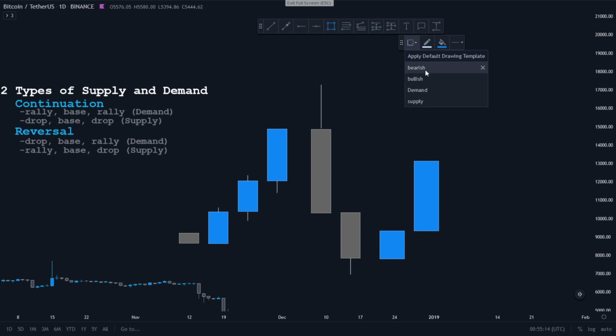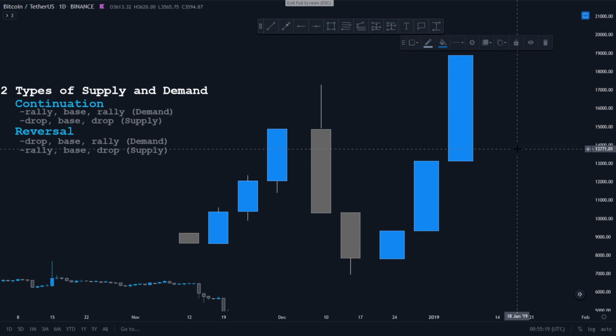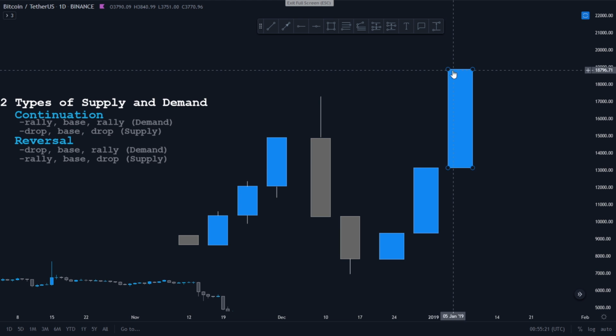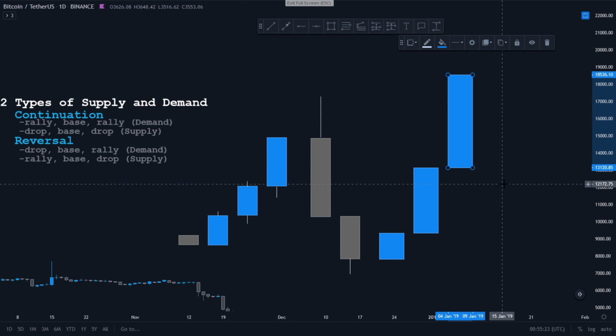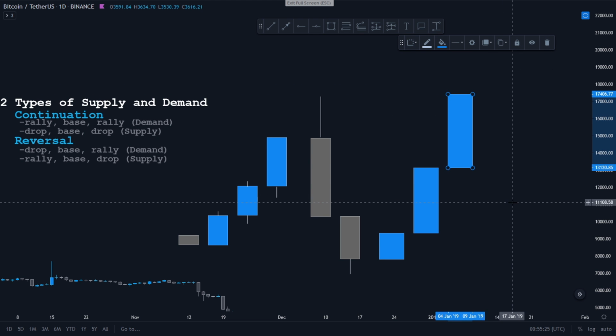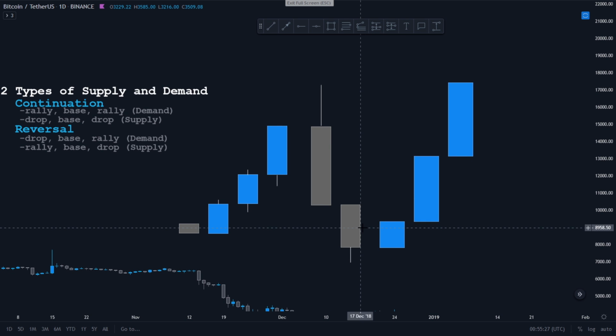Simple as that. The price starts to rally from there. Let's say this goes even higher here. Then you would say that this is your demand zone.